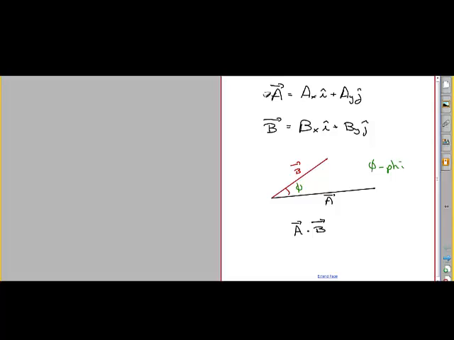And what it is graphically, when you do it in this direction, A dot B is going to be the component of the B vector in the direction of vector A.